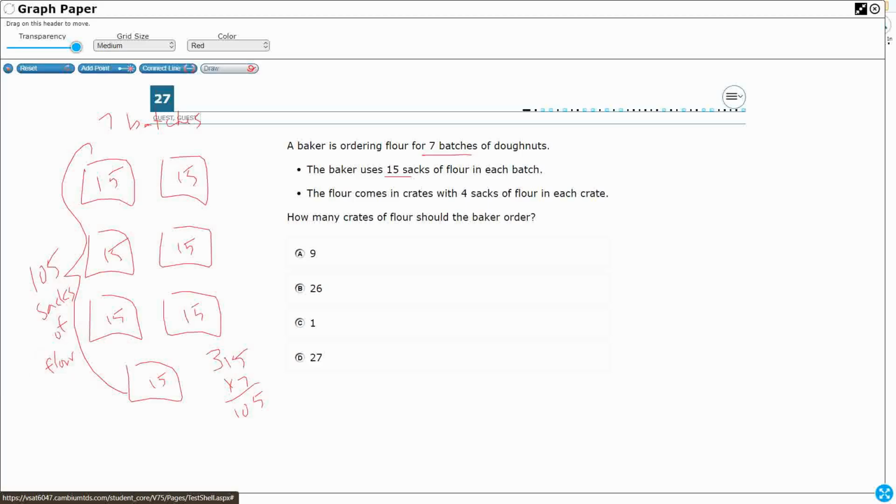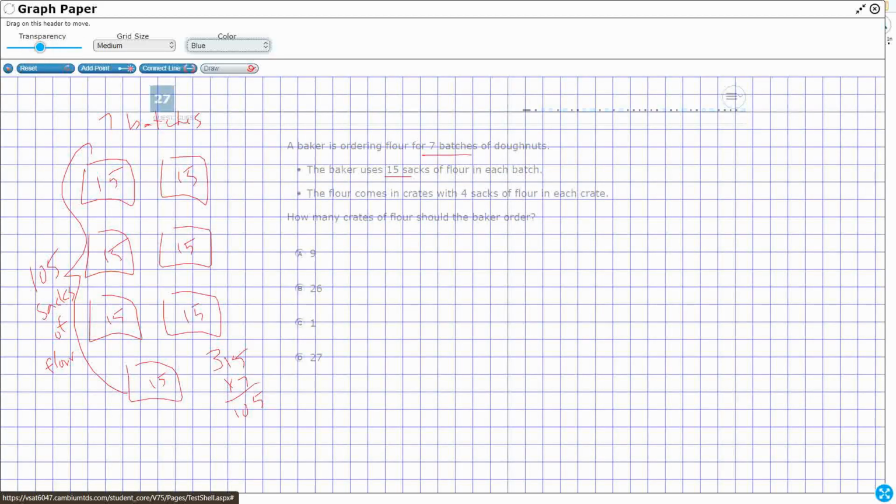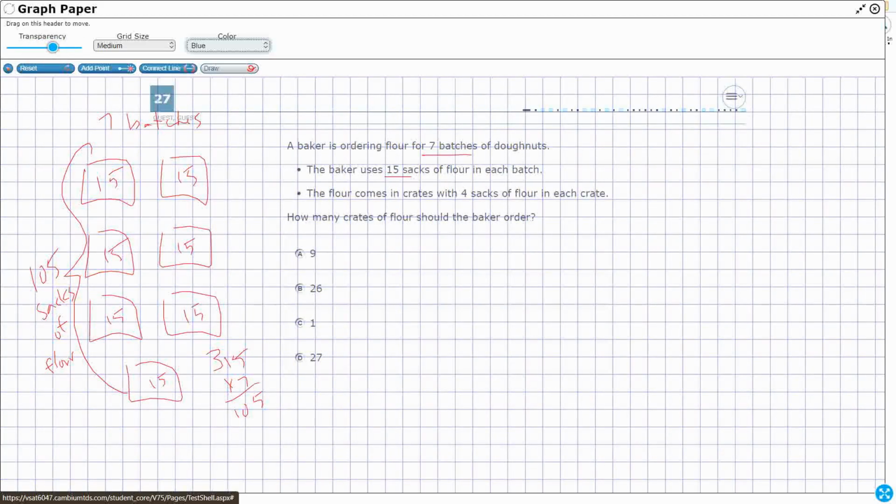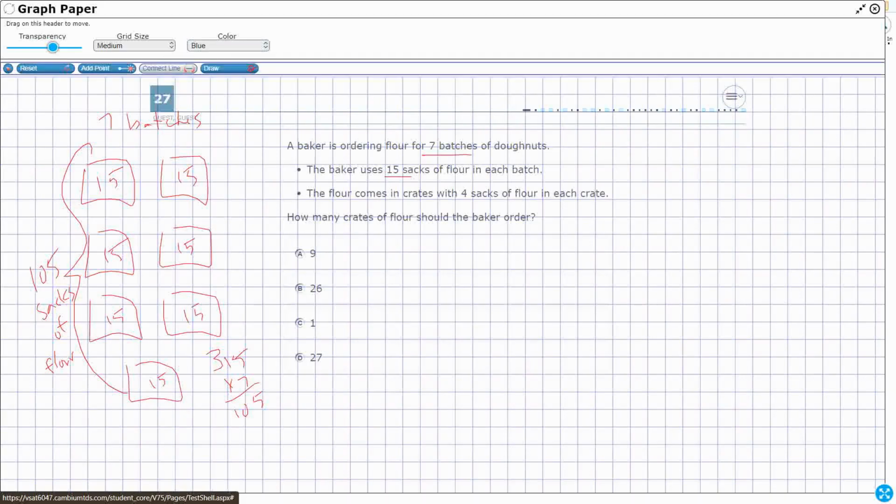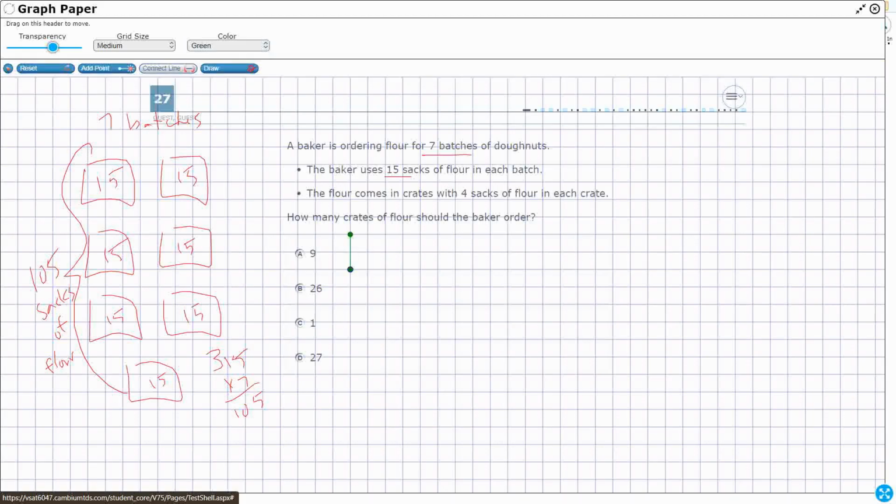and the flour comes in crates of 4 sacks. Okay, so I need 105 sacks, and they come in crates with 4 sacks. So I need to get 4s out of here. Right, so here's another way I can do it. I could represent it like this. Let's make it green. I could do, there's my 3. I'm going to do 1, 2, 3, 4, 5.